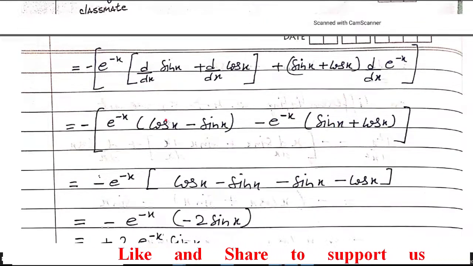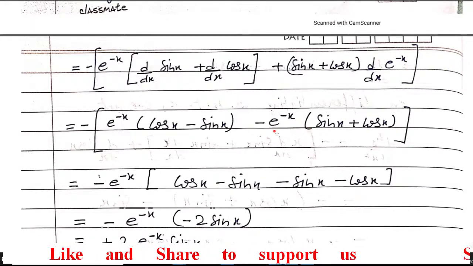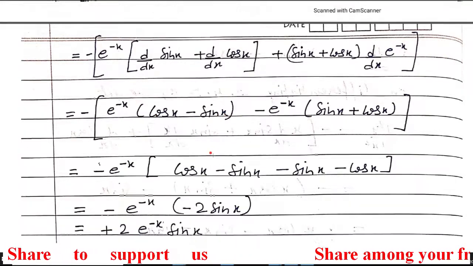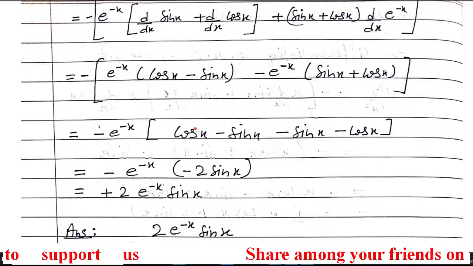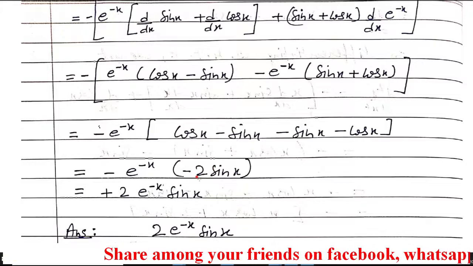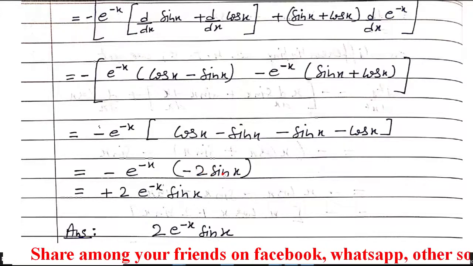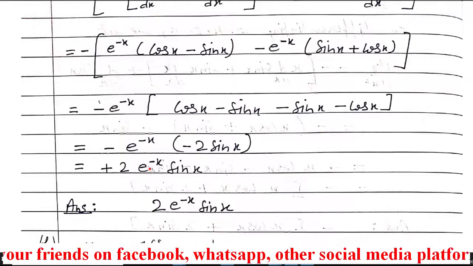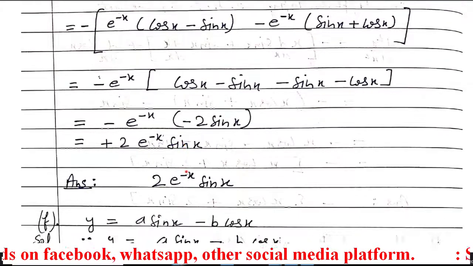Open the brackets, and here you can see that e to the power minus x is common, so take it common. And then just open the bracket. So you will find that cos and cos get cancelled and sin are having the same sign, so it will be minus 2 sin x. And finally open the bracket, that will give you plus 2 e to the power minus x sin x.